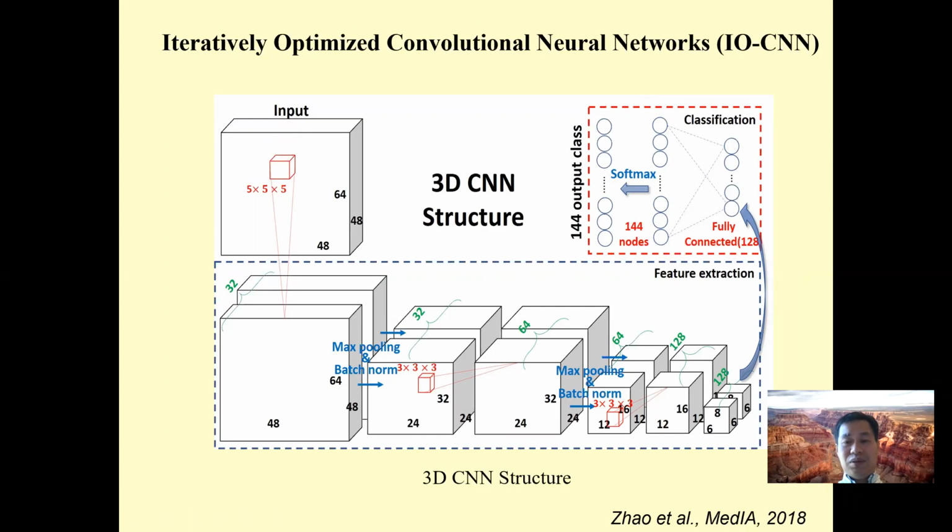Okay, so that means we have the input as the traditional sparse coding decomposed network, and then we recognize it as one of the 144 different types of brain networks.